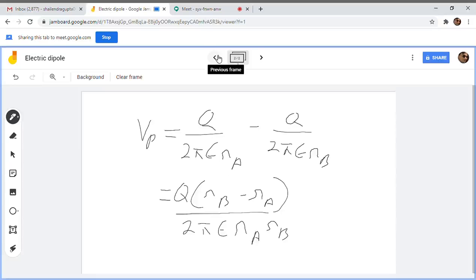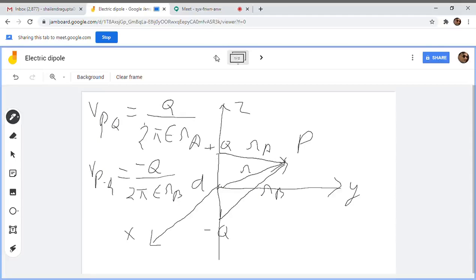Very easy this is. So we are finding the potential at point P due to this dipole. Let us say, what is the potential at this origin? What is the potential due to this dipole? See, at this origin, the radial distance is the same.